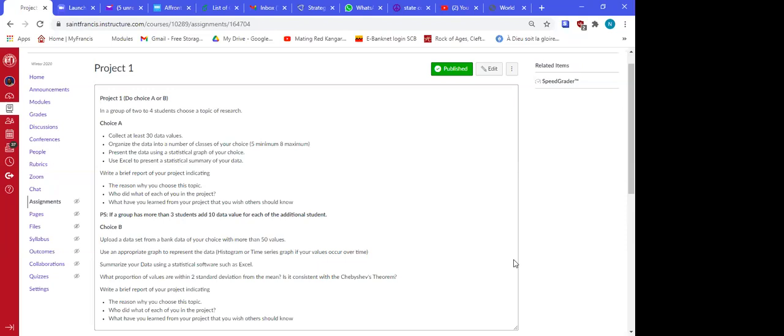Then what have you learned from your project? You can say, for example, we learned that the distribution of time people sleep is approximately symmetric, or is skewed to the left, or is skewed to the right. We learned that the mean of the number of people sleeping is this, or we learned that at least 75% of people are within two standard deviations from the mean.